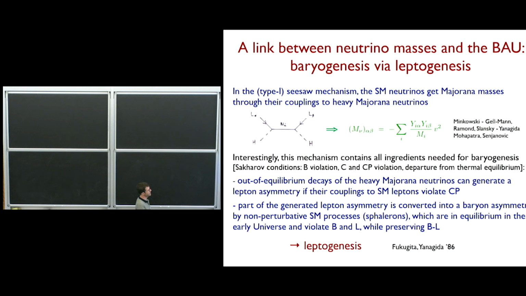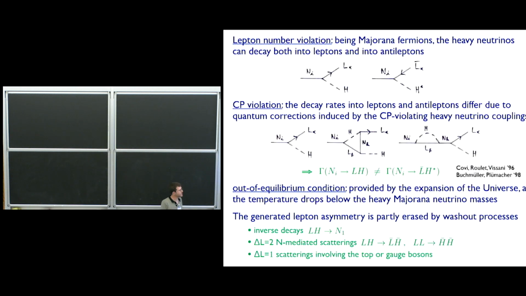These decays can violate CP, and this provides the second Sakharov condition. So if they decay out of equilibrium and there is CP violation that makes the decay rate into leptons different from the decay rate into antileptons, you will produce a lepton asymmetry.